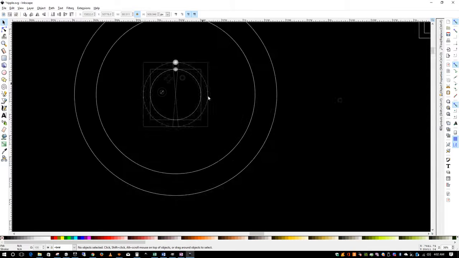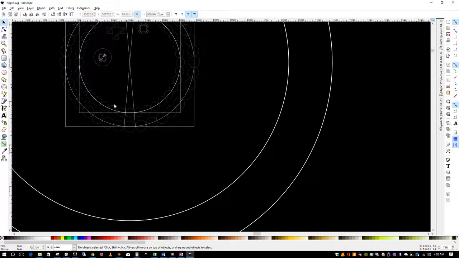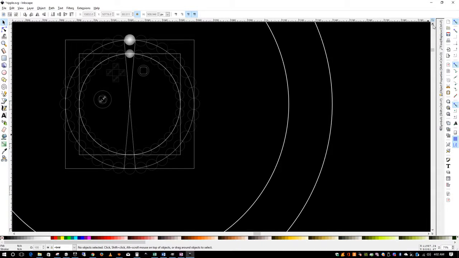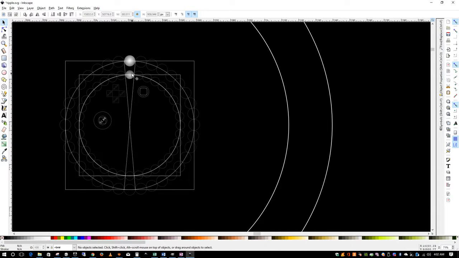So, if you take a look at this right here, this 10-degree thing, 5184 is the number that you see right here.